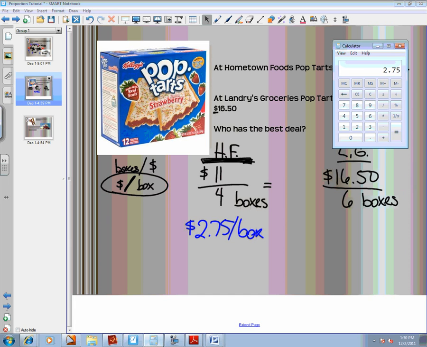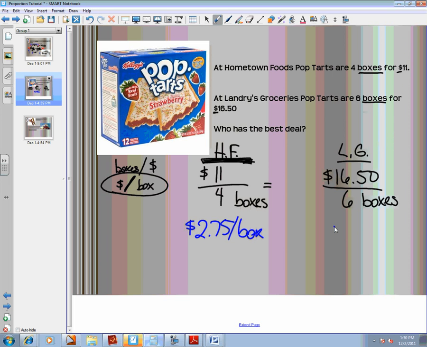So my problem says $16.50 divided by 6 boxes equals $2.75 per box. Interesting. They're the same.